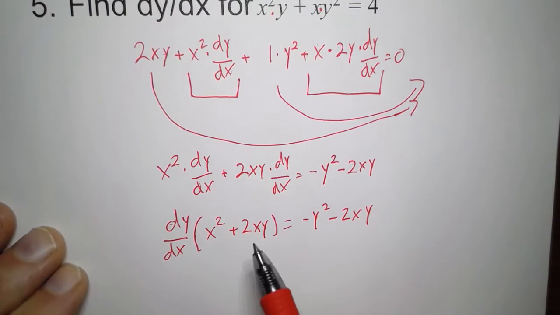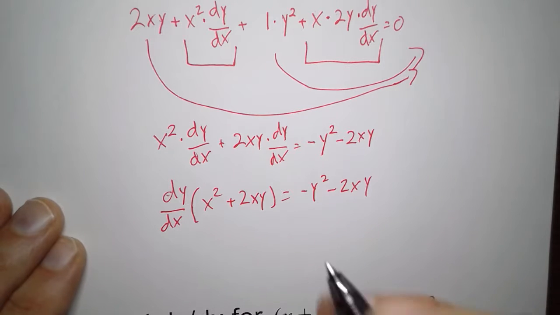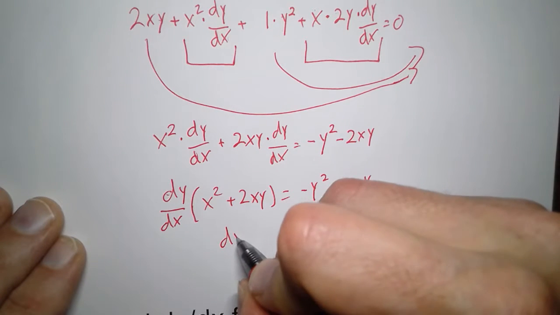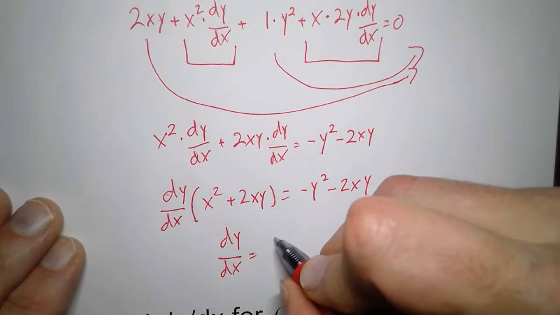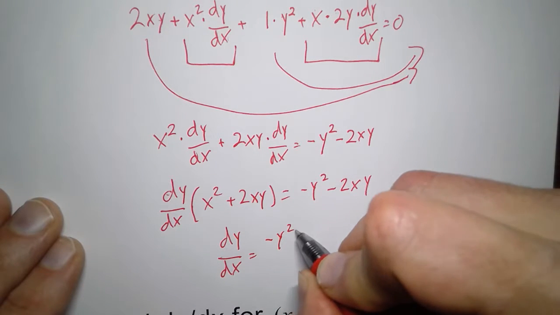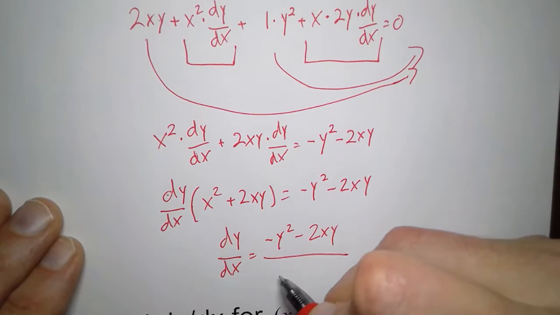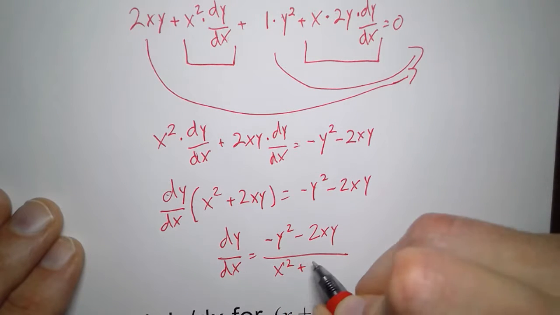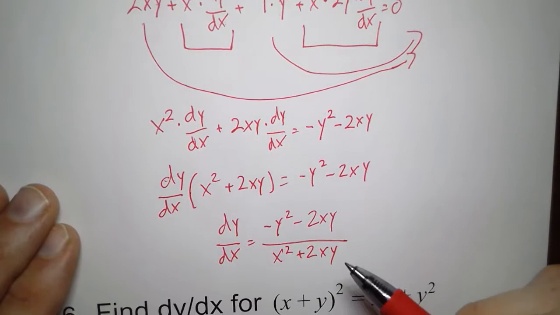Now we divide this whole quantity over to the other side. That leaves dy/dx by itself on the left, and on the right we have negative y squared minus 2xy all over x squared plus 2xy. And there is our derivative.